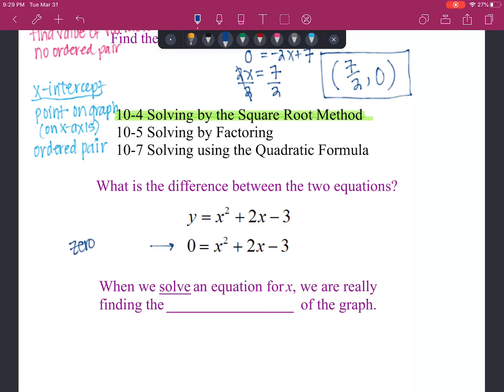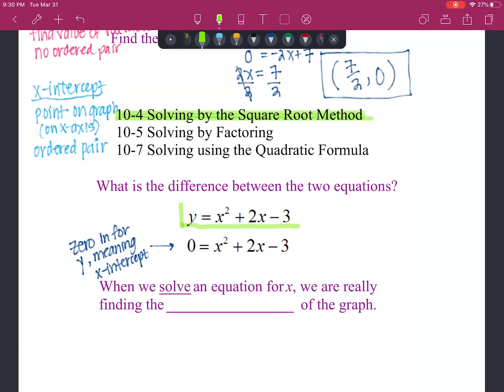Well, in the first equation, we have a y, and when you put a 0 in for y, you're looking for the x-intercept.